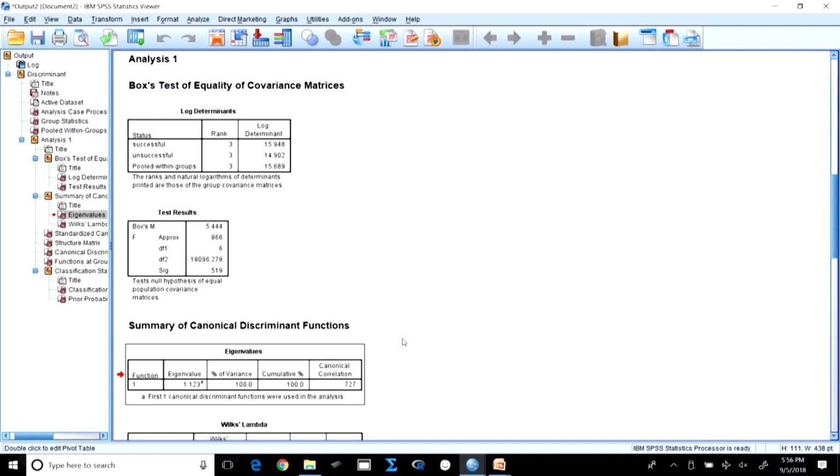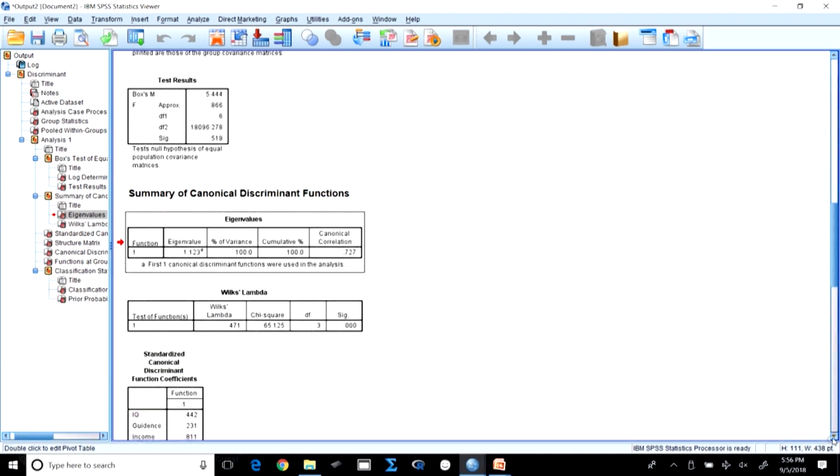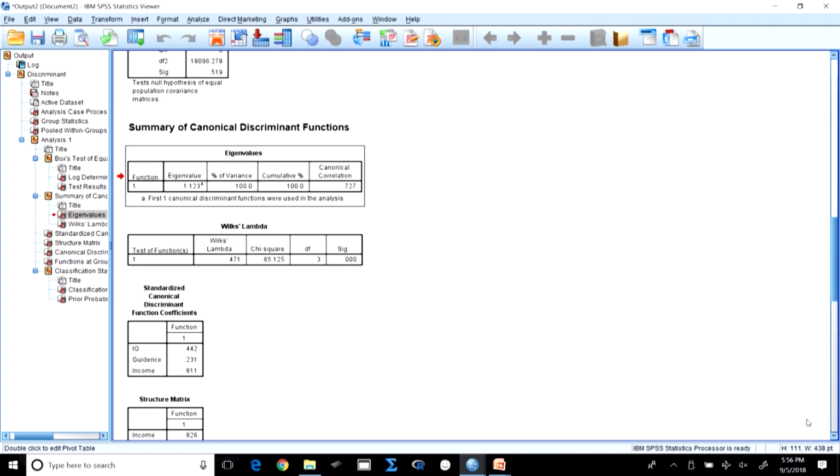So, that is my R square, or the explained variance in the model, when I am having one criterion and 3 predictor variables in this model. Now, the Wilks' lambda, which is a test of significance, is significant. This tells that the overall model is significant. Now, let us go to the file.